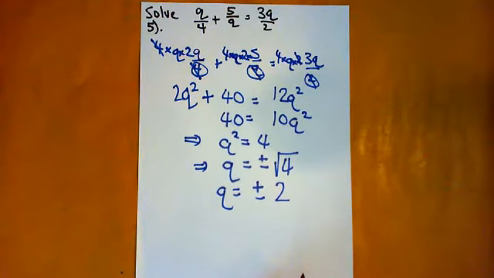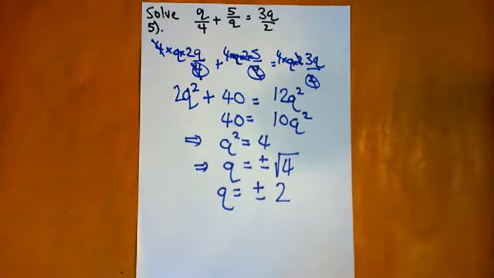And the right hand side is 3 times negative 2, which is negative 6, divided by 2, and that gives us negative 3. So again, we have the agreement that we want. Both sides give us -3 if q equals -2. So again, -2 is a solution.